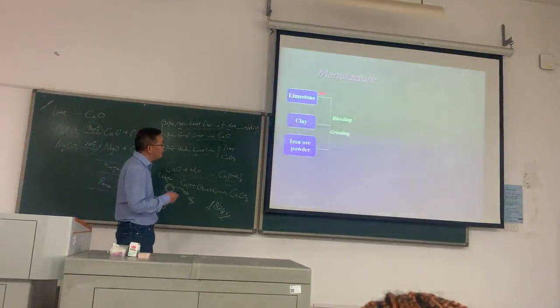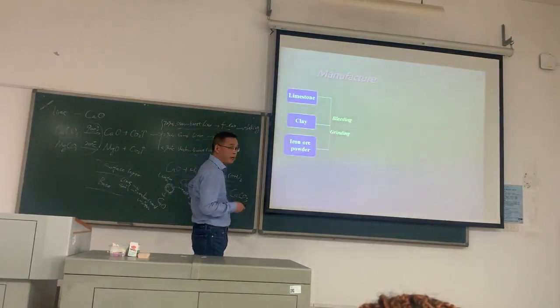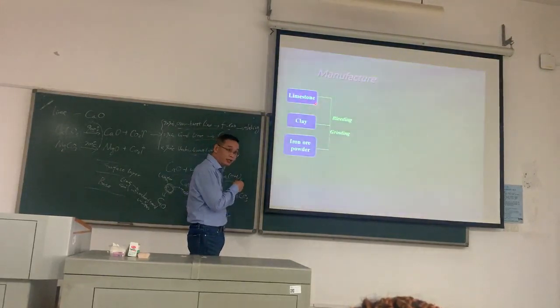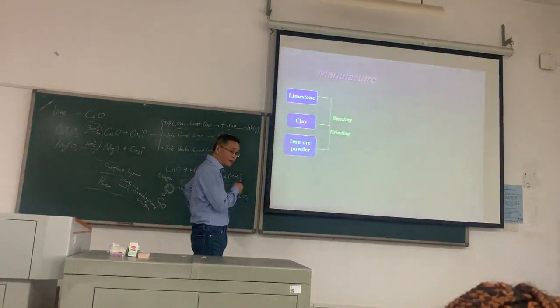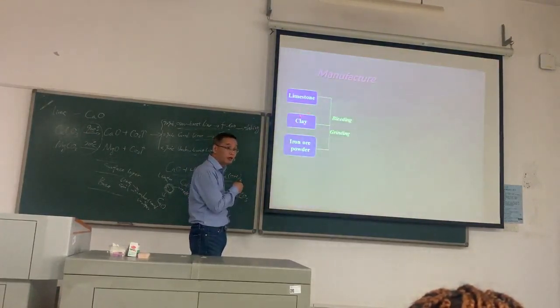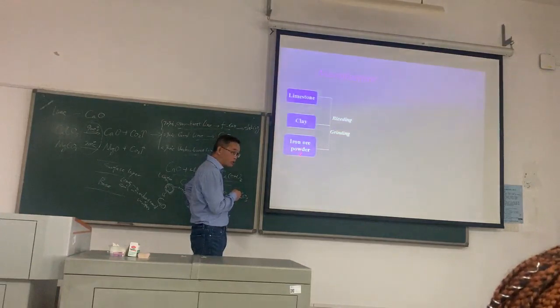So about the technologies about the production of the cement. The first one, we can get the limestone. This is one kind of raw materials. And then the clay. These two are very important raw materials. And then we need to get some iron ore powder.